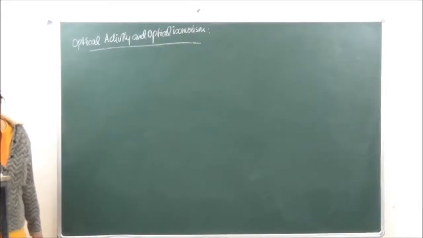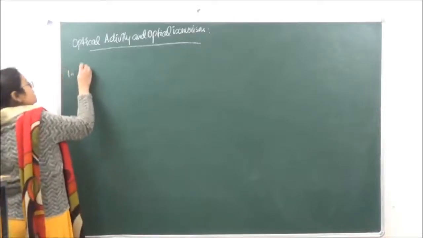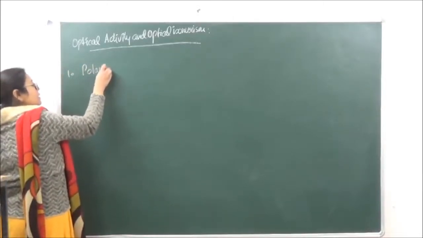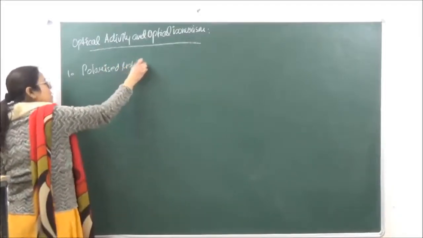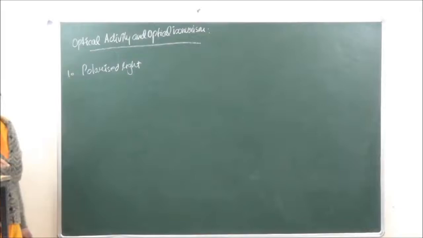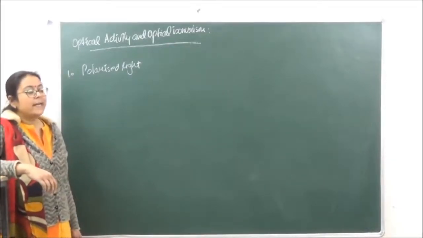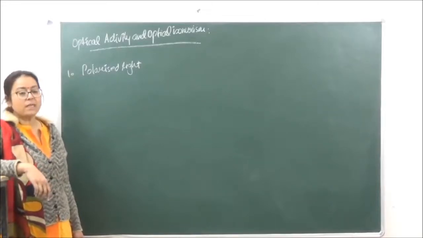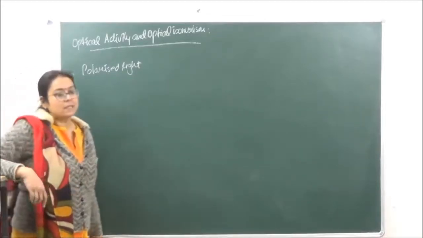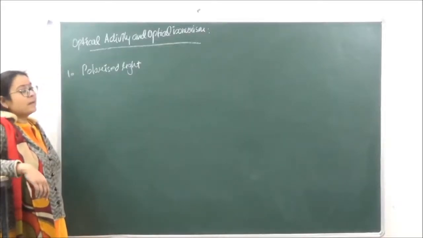The first term which we are going to study over here is polarized light. Now whenever we are taking any ordinary source of light, it consists of electromagnetic waves, and these electromagnetic waves are vibrating in all planes. So what do we understand by polarized light?